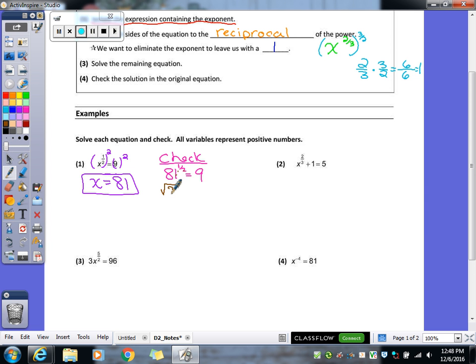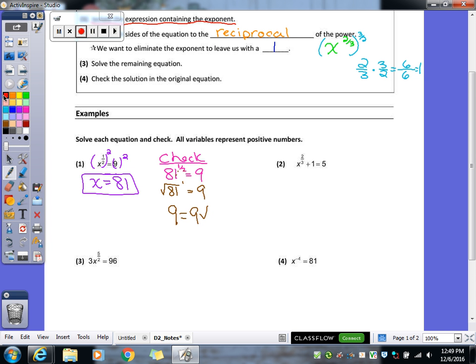So it's the square root of 81 to that first power. Which, what is the square root of 81? 9. And then to the first power, it's still 9. So yes, that checks out. Of the fractional exponent, the bottom number is your root, yes.